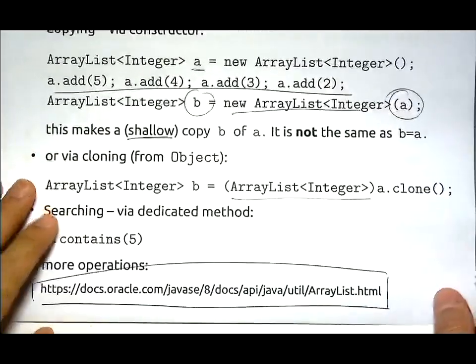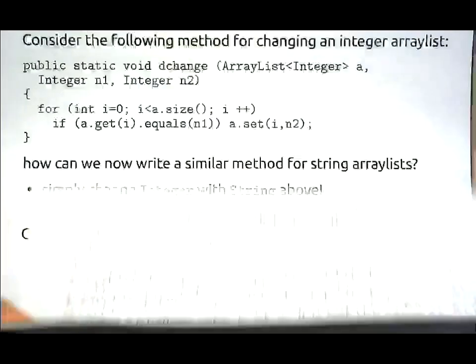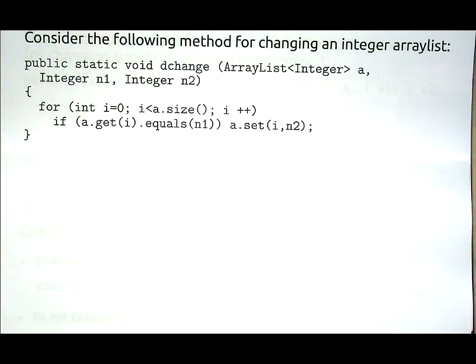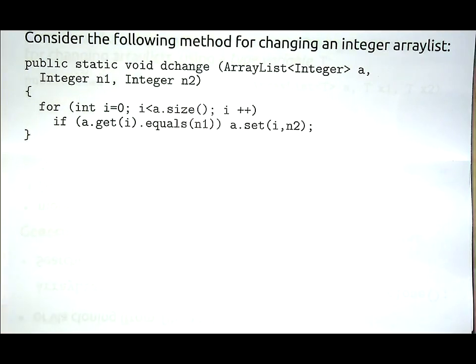Okay. And the final thing I want to say is, well, we said that array lists are generic types. You can have array lists of integers, array lists of strings, and so on. And an array list of strings and an array list of integers will have very similar structure. And if you want to write code for them, the code might have similar structure. So for instance, here is a method that I have done for destructive changes on an array list.